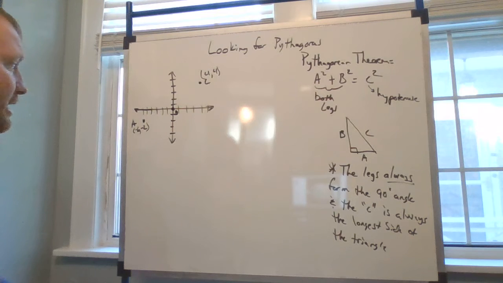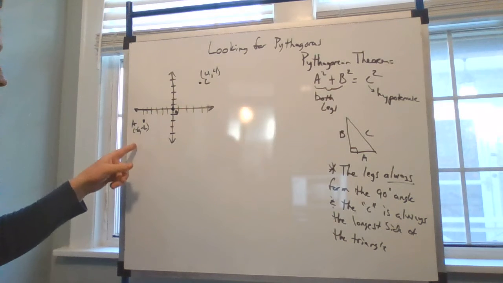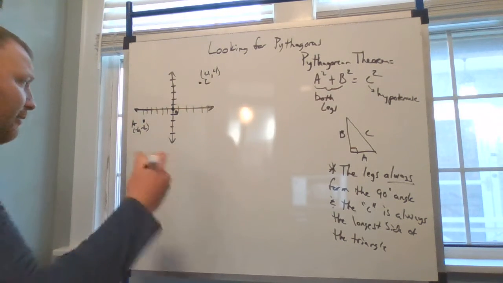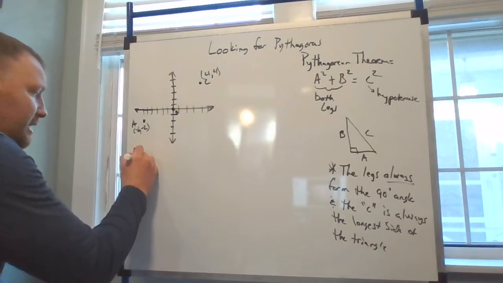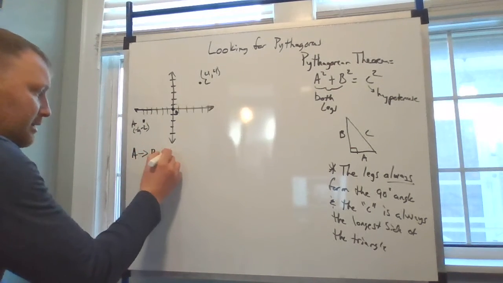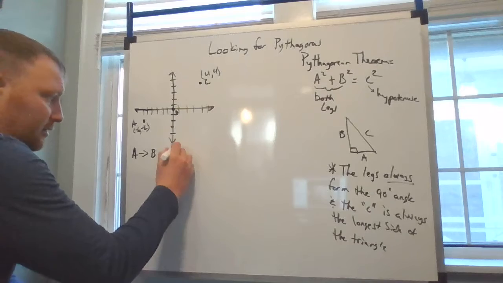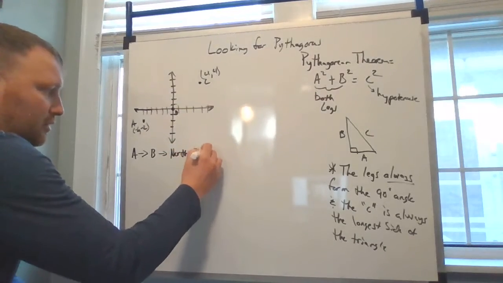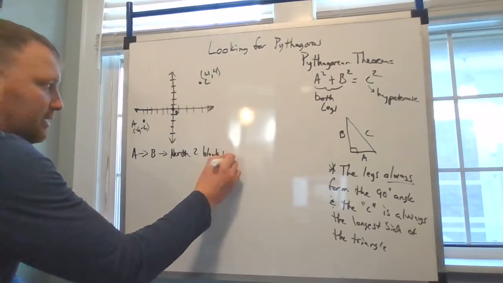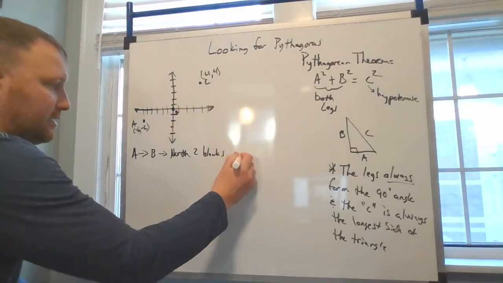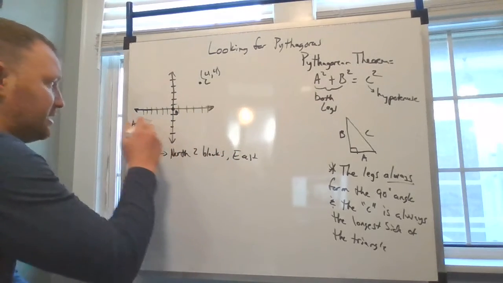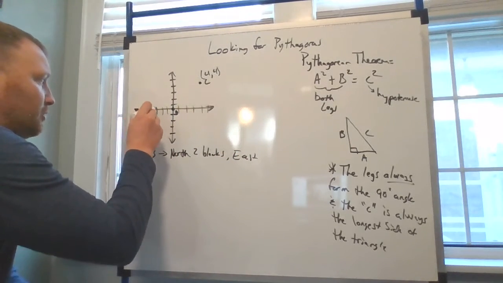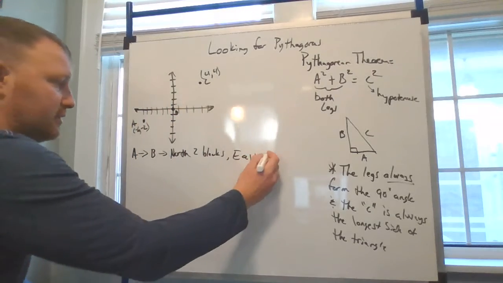So if I were to literally ask you, what's my driving distance from A to B, I would just say north 2 blocks and east. Make sure you guys use cardinal directions today. East, a total of 1, 2, 3, 4, 5, 6.